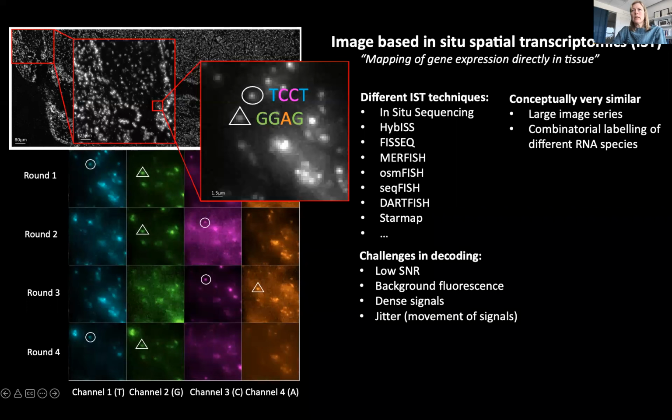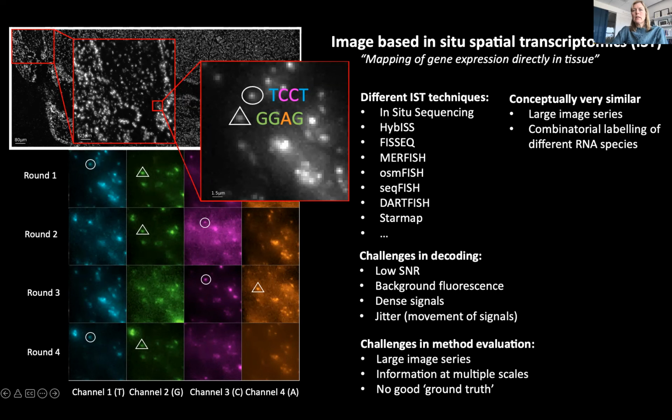And decoding is challenging, both due to low signal to noise ratios, background fluorescence, dense signals, and jitter or movement of the signals. So there are a number of different methods that have been developed to decode this type of data.